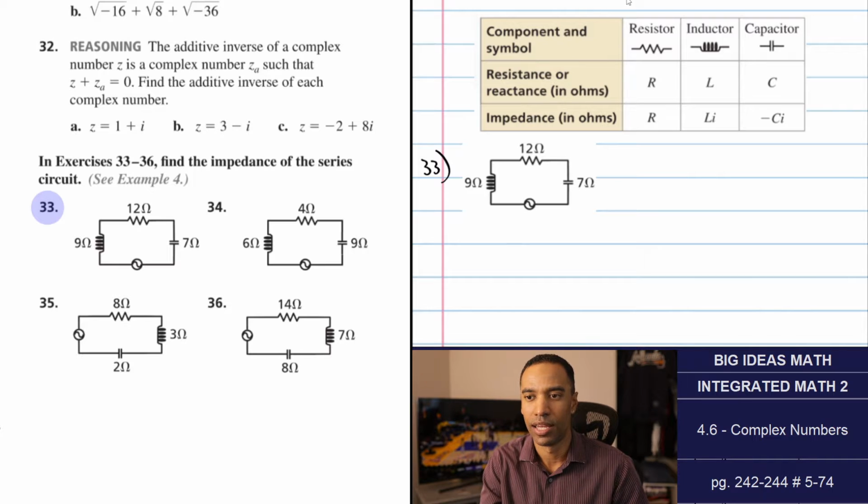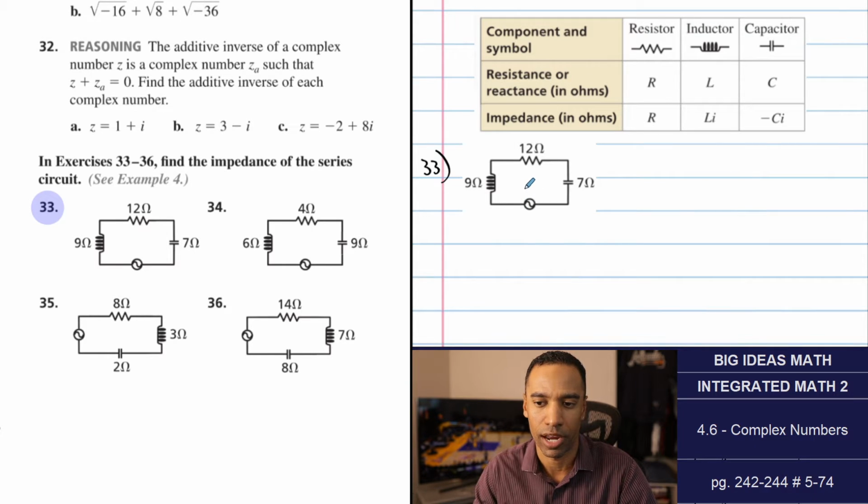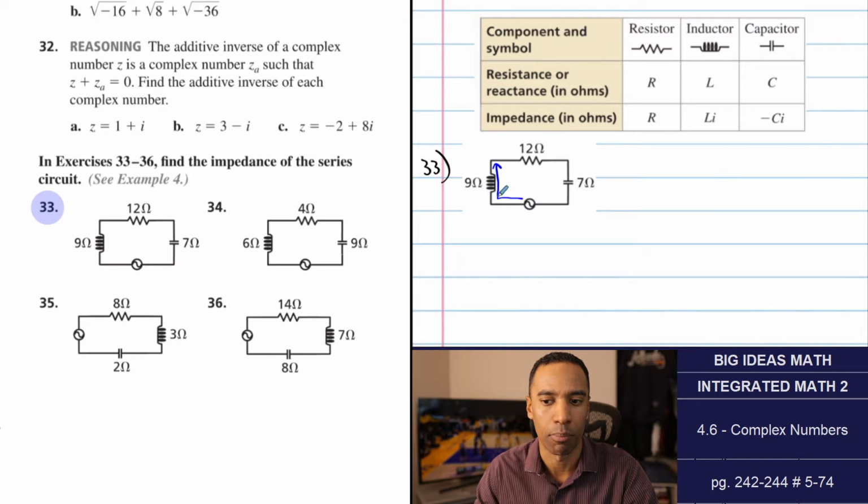A circuit has a loop, and the loop flows in a certain direction. On this side, with the alternating current, there's nothing really going on, but then we have this inductor where we are going upward, which is perpendicular to this left-right bit. Think of upward as positive, but also think of up and down as the imaginary axis. Imaginary axis goes up and down, so think about this i.